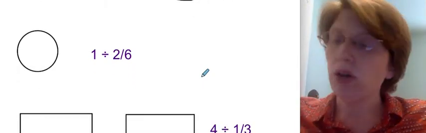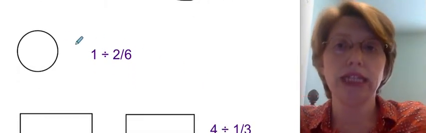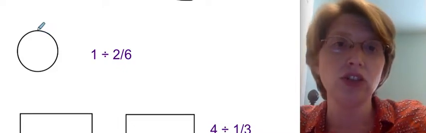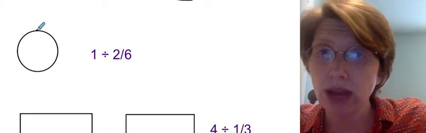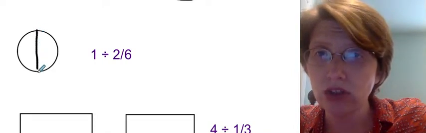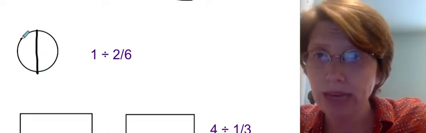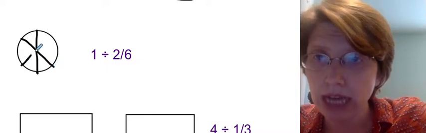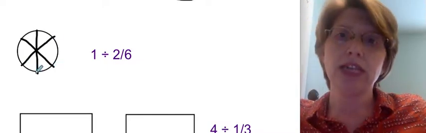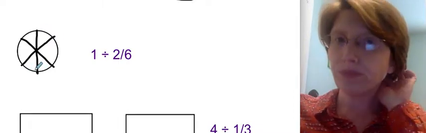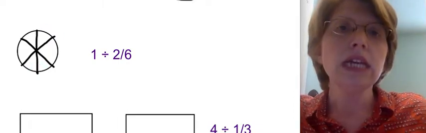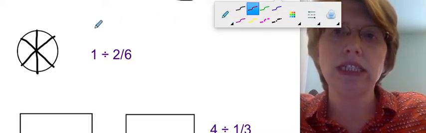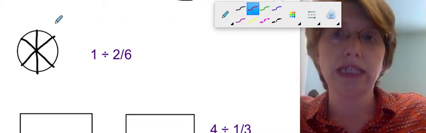Number 2, 1 divided by 2/6. So first of all, I need to take this and I need to turn it into sixths. So the easiest way for me to do that is to draw a line down the middle, and then I'm going to draw a line this way, and then I'm going to draw a line this way. See how I've turned it into sixths? Now it says I want to separate it into 2/6.